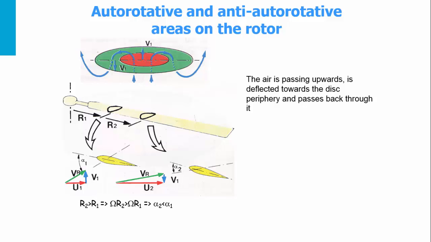If you look at two radii, R1 and R2, because R2 is higher than R1, the tip velocity omega R2 is higher than omega R1, and actually the angle of attack alpha 2 is smaller than angle of attack alpha 1.